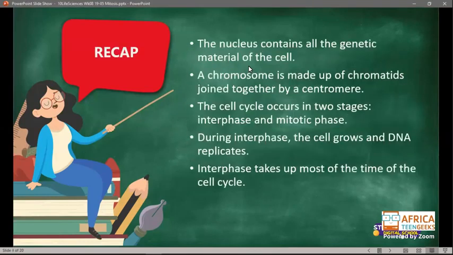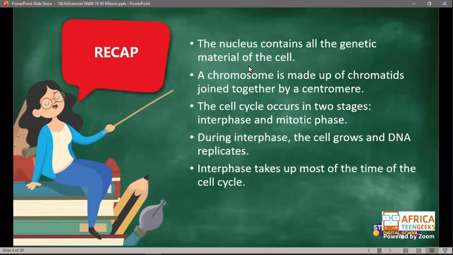All right, so just to quickly recap, yesterday we were talking about the introduction to the cell cycle. We mentioned that the nucleus contains all the genetic material of the cell. So it is one of the largest organelles in the cells. And remember, the plant and animal cell nucleus are the same.